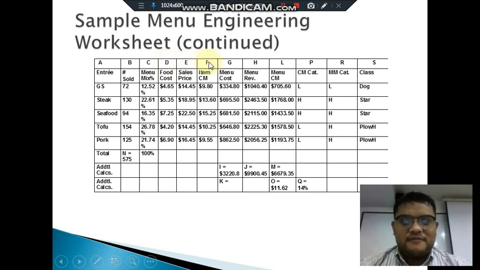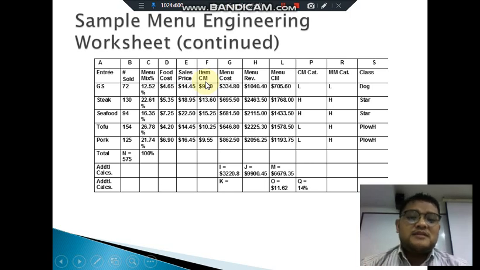What is column F? Column F is the item contribution margin. Guys, what is contribution margin? If you still remember when we learned chapter 3, contribution margin is selling price minus food cost.